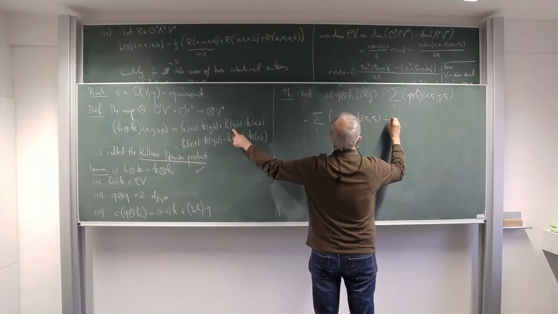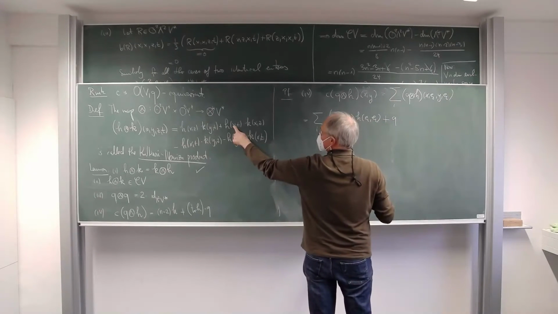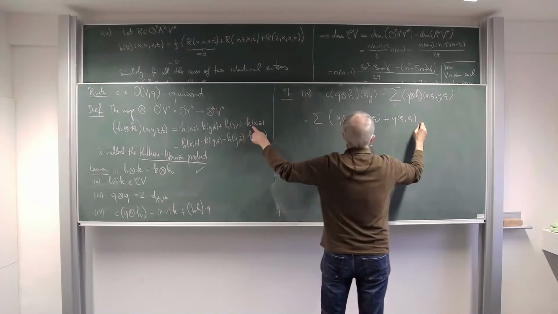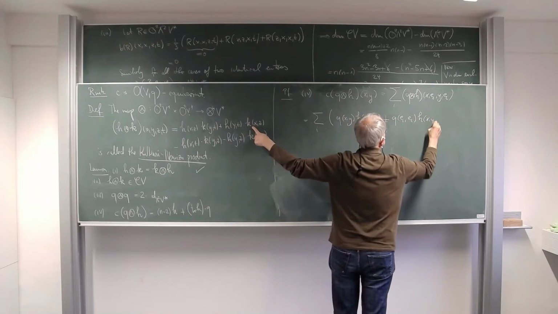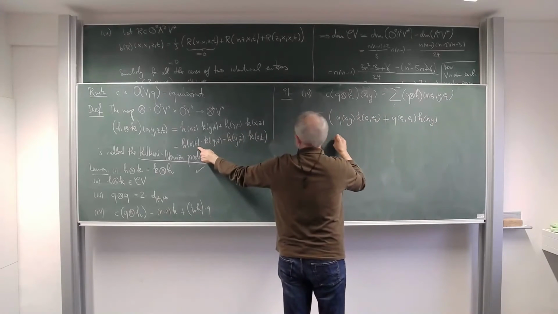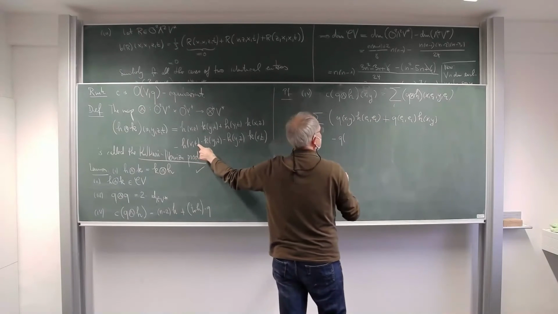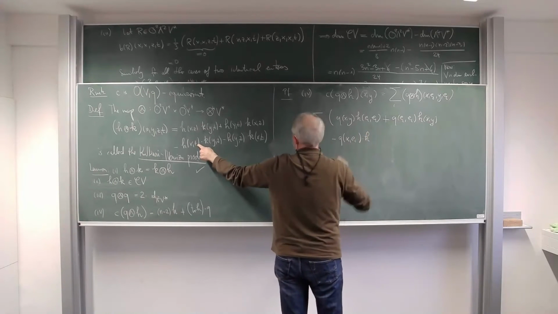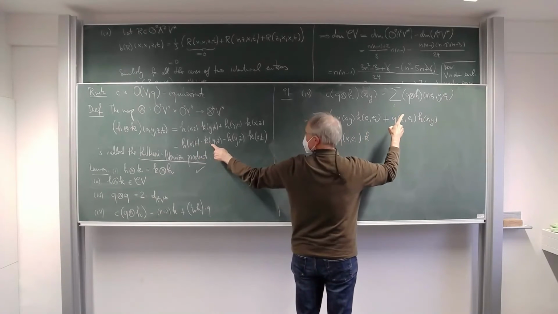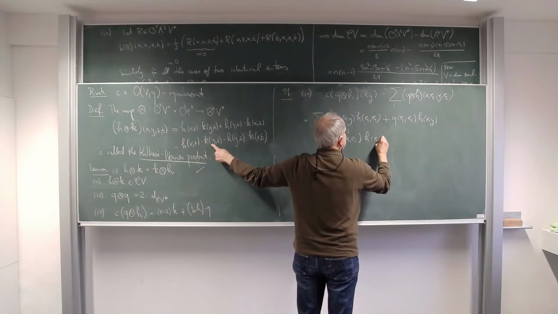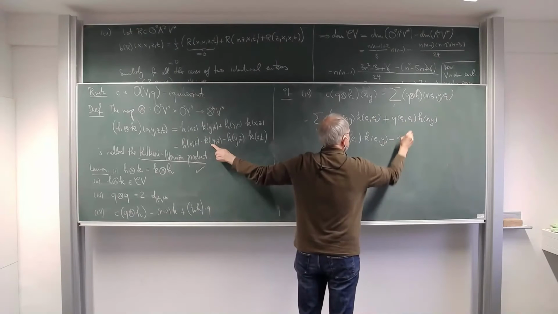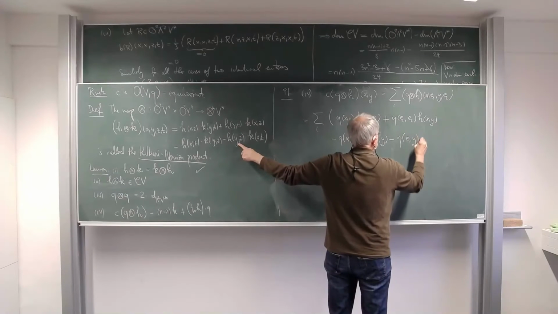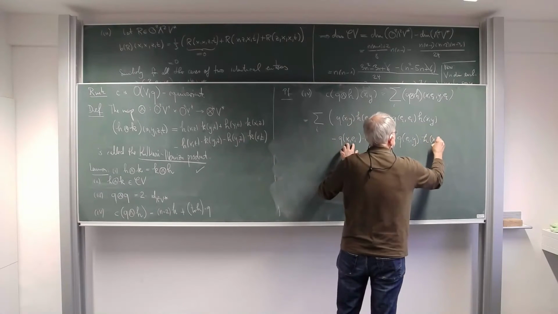here I have q of second and fourth, which is e_i, times h of the other two, which is x and y, minus q of first and fourth, which is x, e_i, times h of the other two, which is second and third, which is e_i, y, minus q of, and here I have to just interchange these two, so it's e_i y times h x y.